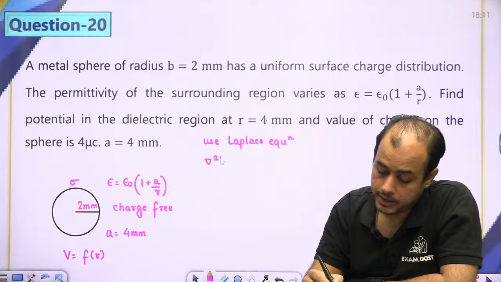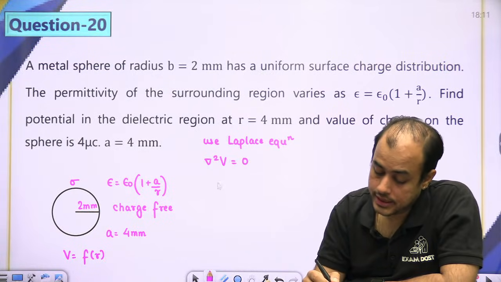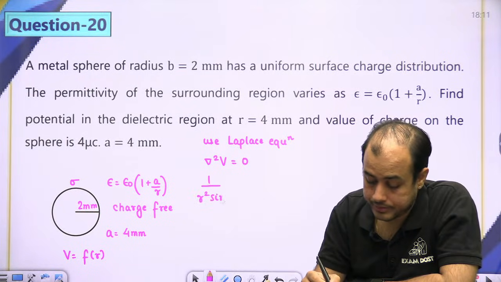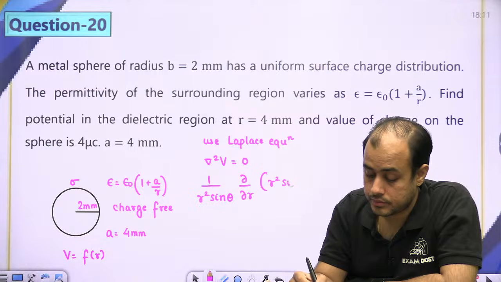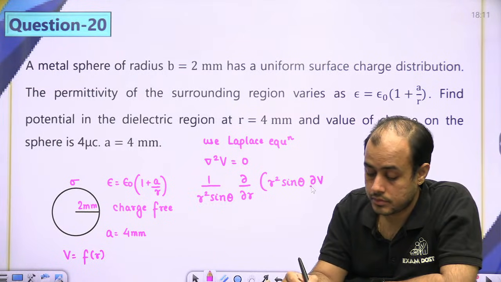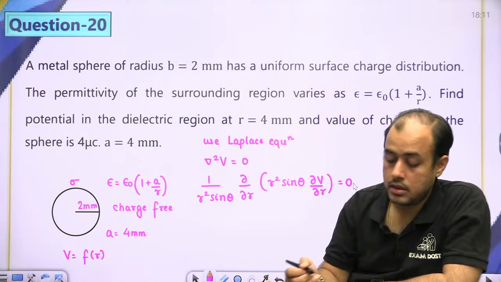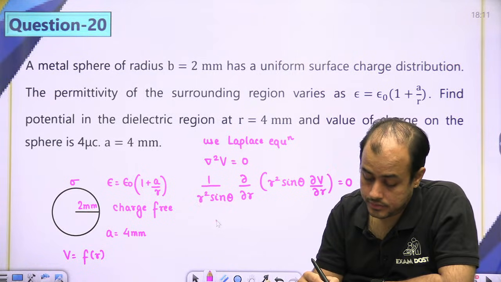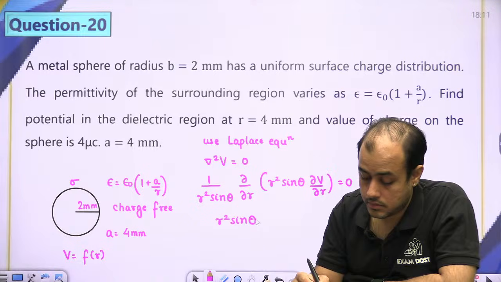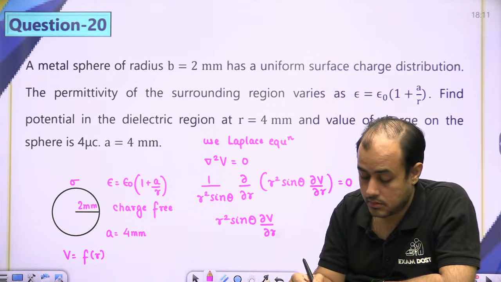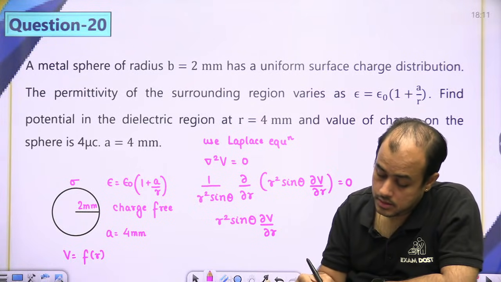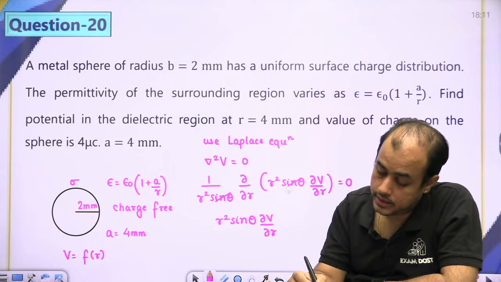Use Laplace equation because the surrounding is charge free. It is just a function of R. Now beta, because the derivative of a certain term is 0, you can cancel sine theta from here.